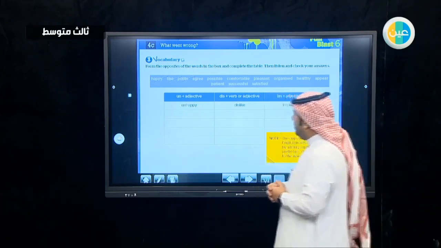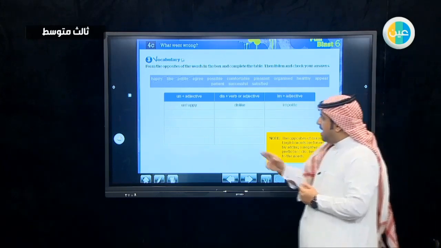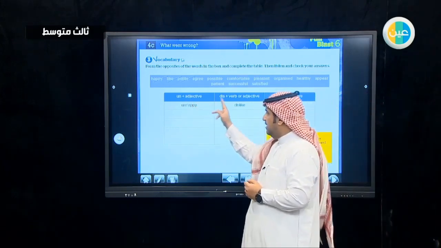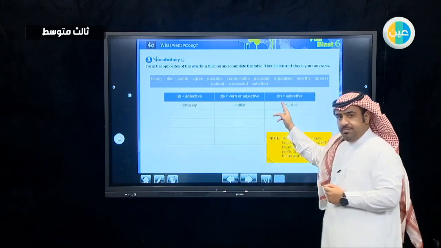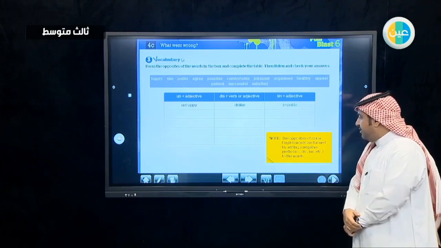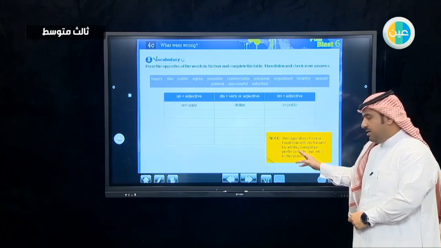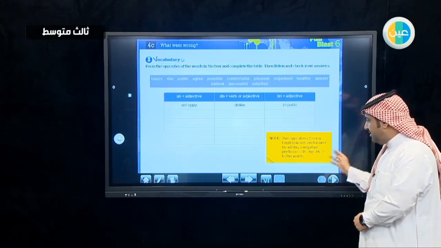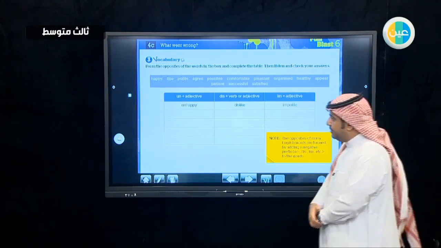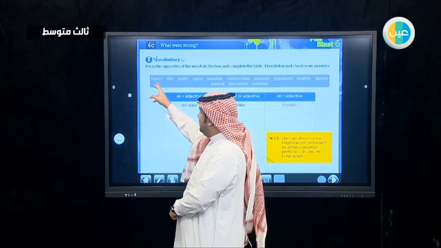Today we are going to learn about three different prefixes. They are un, dis, or im. The opposites of many English words are formed by adding a negative prefix, like un, dis, im, etc. to the words. Let's look at some examples.